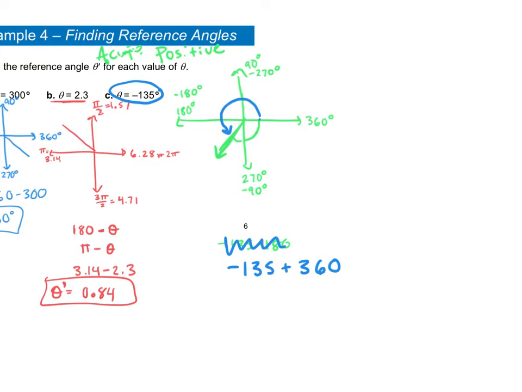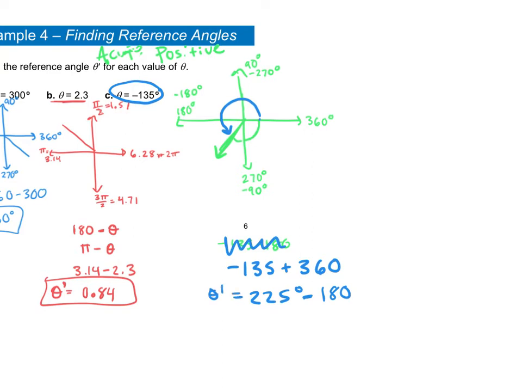What do you guys get? Anybody? 225. Perfect. So now we know that if it's in the third quadrant, we do 225 minus 180 to find our reference angle.